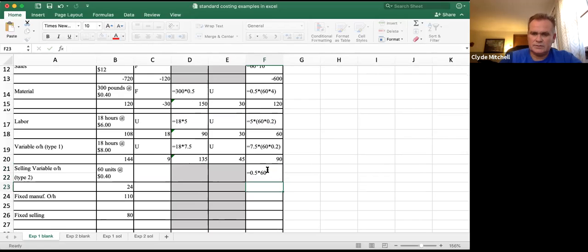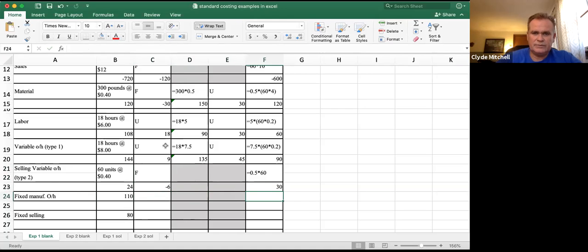There's only one sales commission per unit, so we have got 50 cents times 60, which gives us 30. What is the difference? Here we're going to take actual minus what it should be, and we have a $6 negative, and that will be a favorable variance.